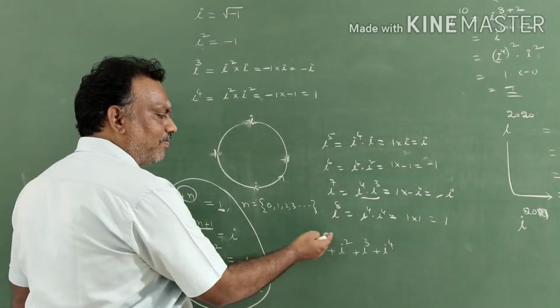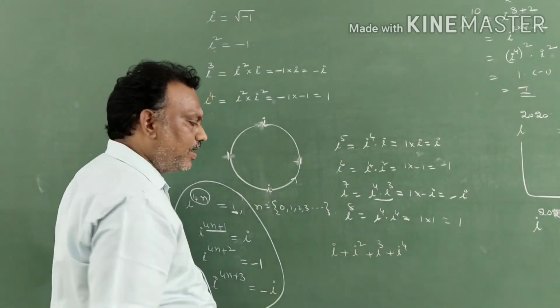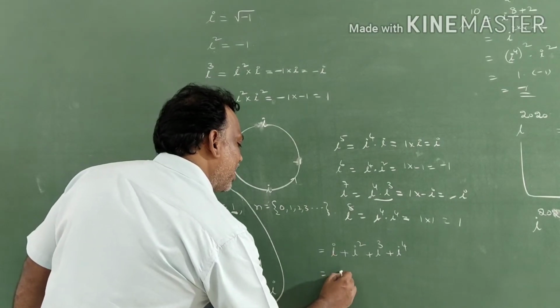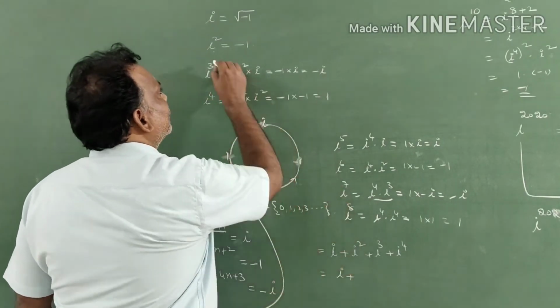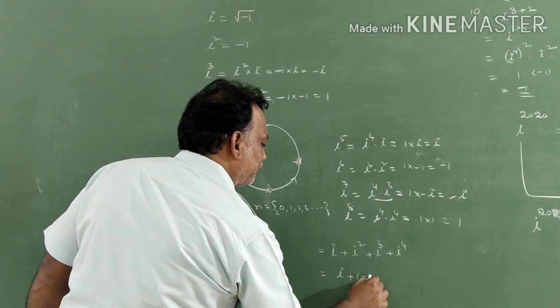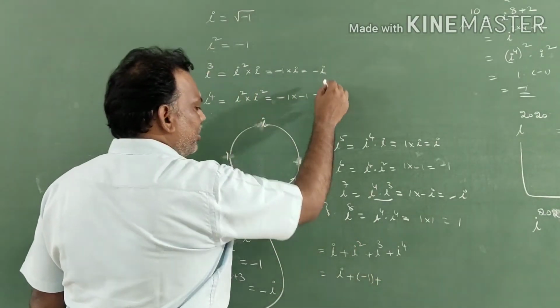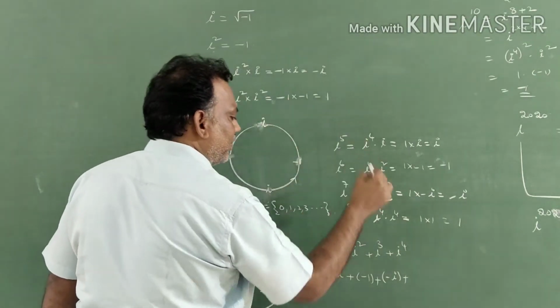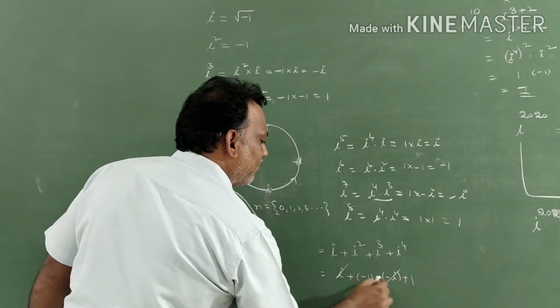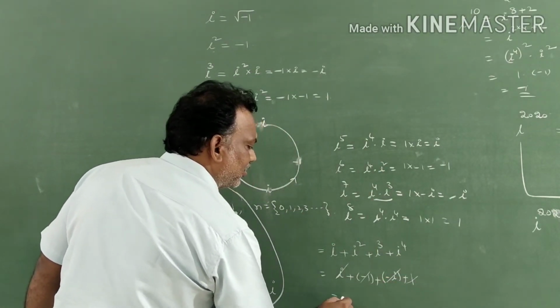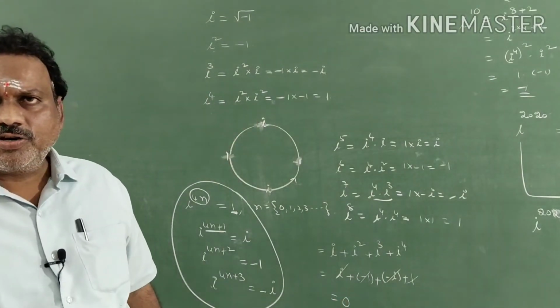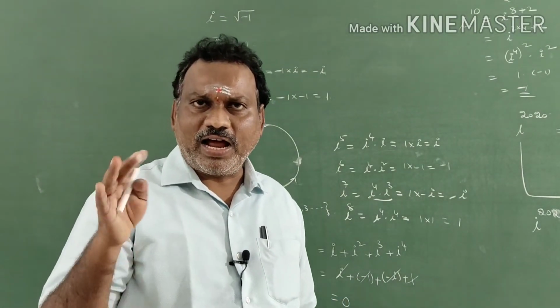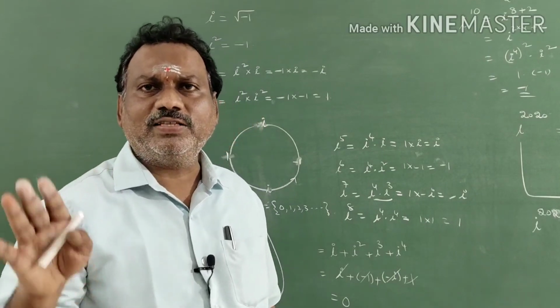If you simplify this, i value becomes i, i square value is minus 1, i cube value is minus i, and i power 4 value is plus 1. It can cancel everything, we are getting 0. That's why the sum of consecutive i values is always 0.